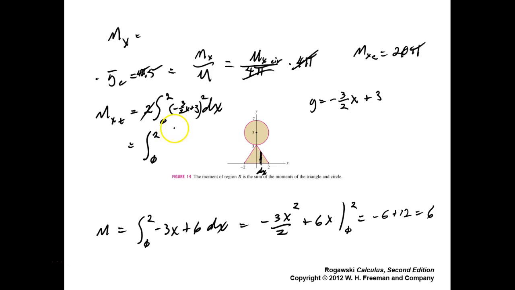I want you to tell me what to write. Square that. 9 over 4 x squared minus, right, because you got a minus out front, right?